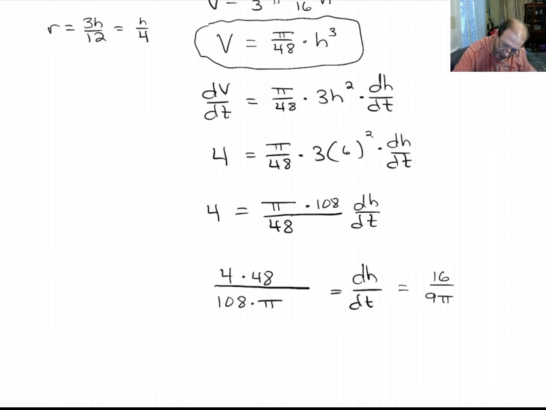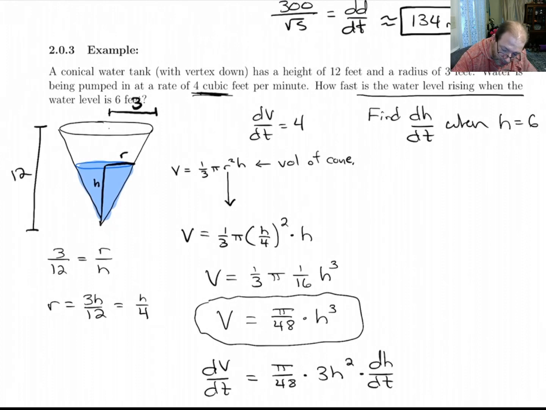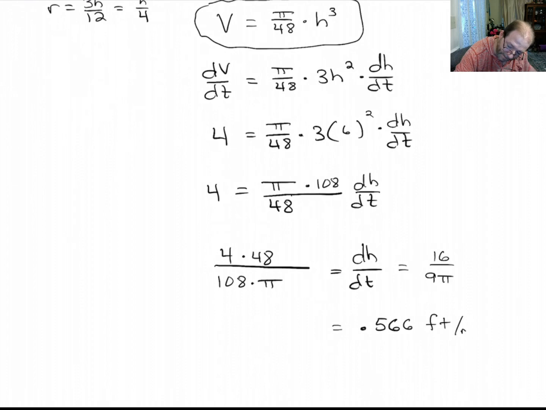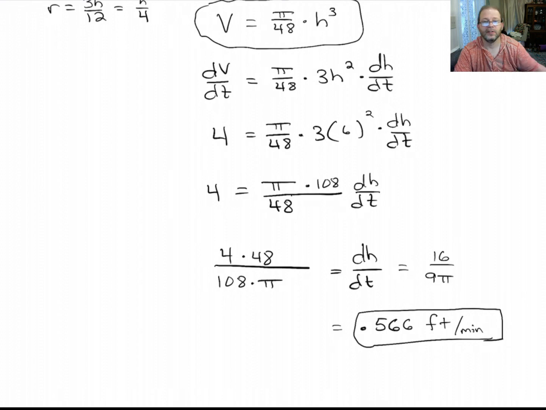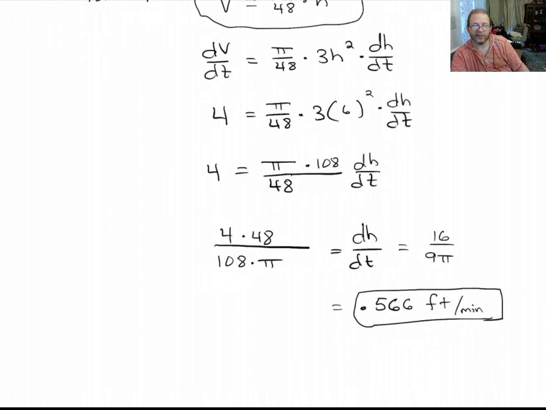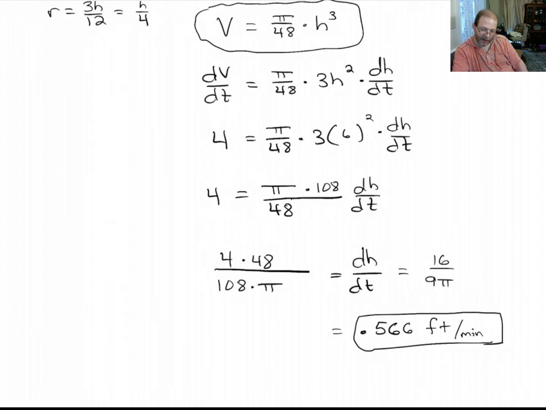And if we write that as a decimal answer, rounding to 3 decimal places, it's 0.566 feet per, what were our units? Minute. All right, so that's kind of a long problem, but that's how fast the water would be rising at that point. All right, that's it.